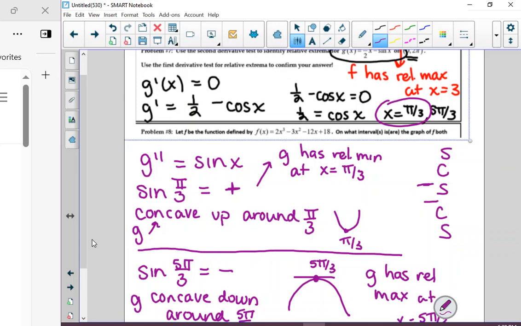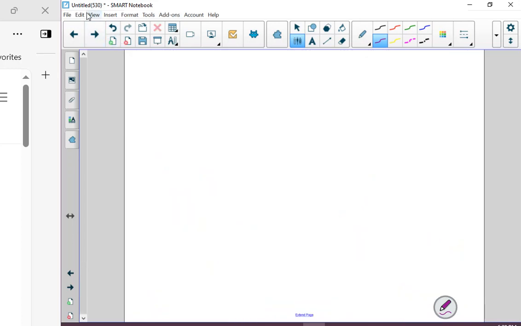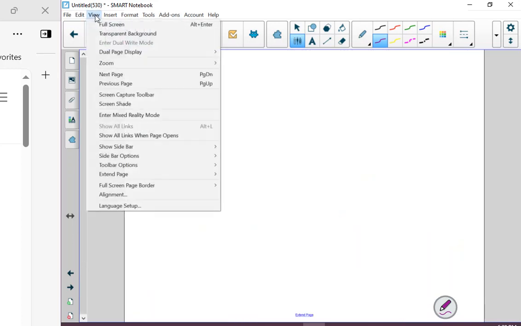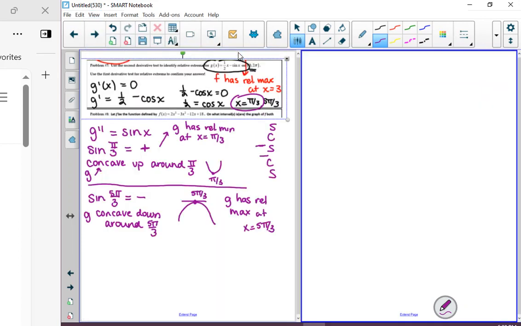If we wanted to do the first derivative test to verify these, I would have to write this on the next page. I'm not going to do this all the way out. But if I wanted to do this first derivative test wise, I would have to make a number line for g prime.